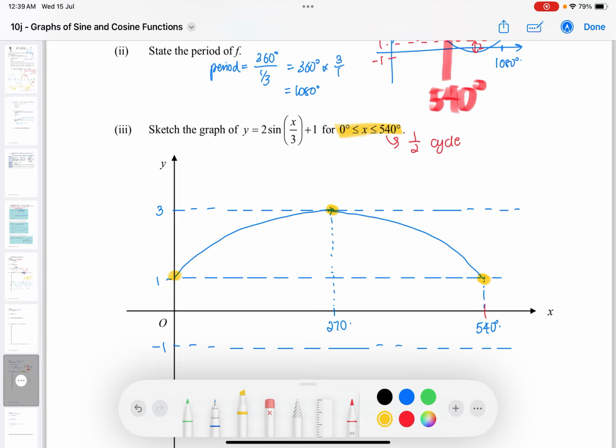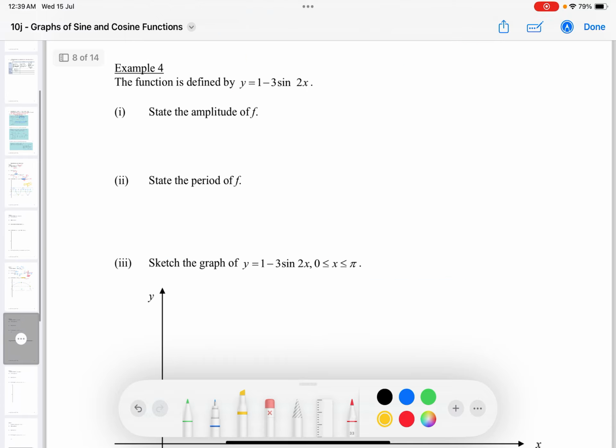Okay. Last example, I will provide you some guidance for example 4. And then you can try on your own. Okay. Right, for example 4, our equation looks a bit odd this time round. It's not the same as what we were told, the general sine function.